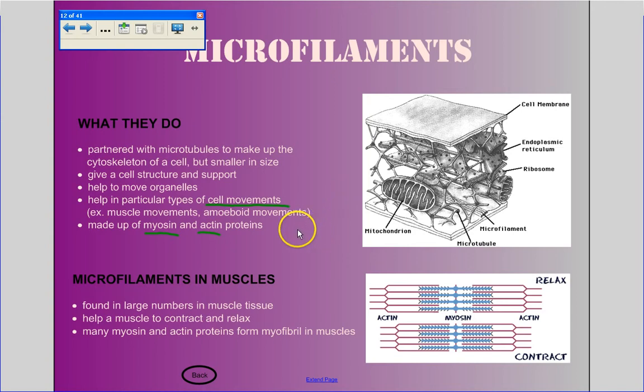So when we talk about how muscles work by the action of actin and myosin, actin and myosin are proteins that make up microfilaments, and they move back and forth across each other for your muscle to contract. Also the movement of amoeba, or things that move like an amoeba, so amoeboid movements.